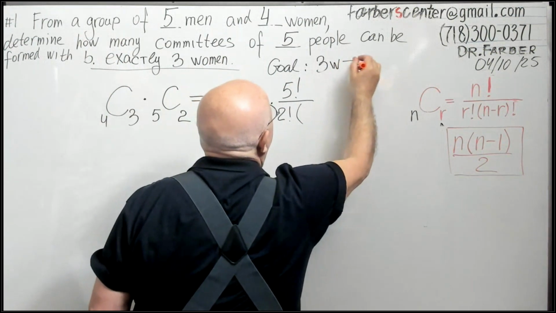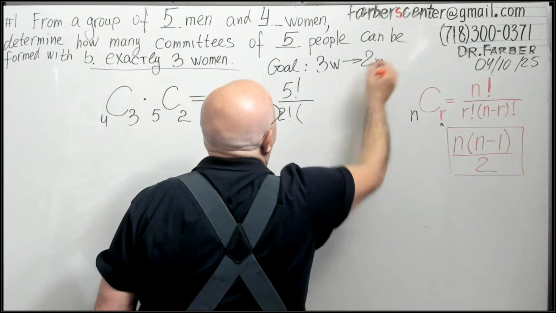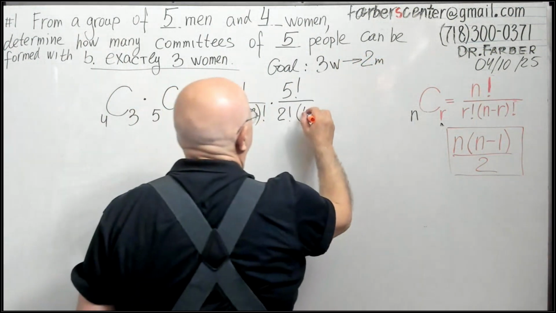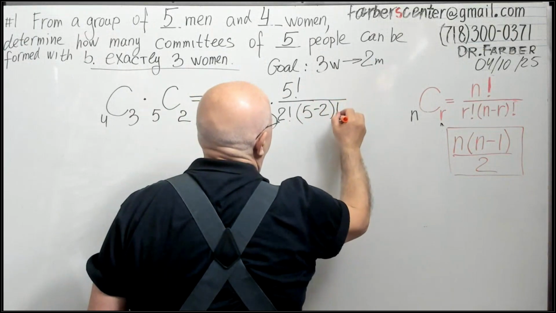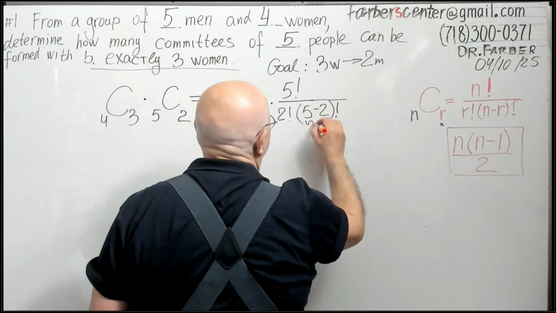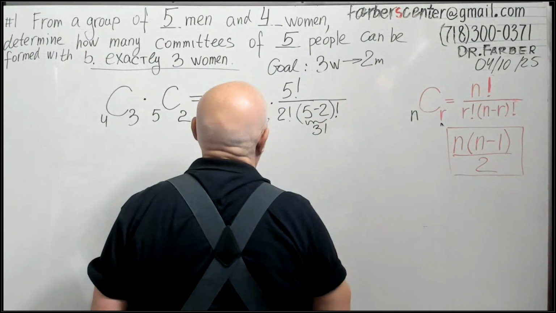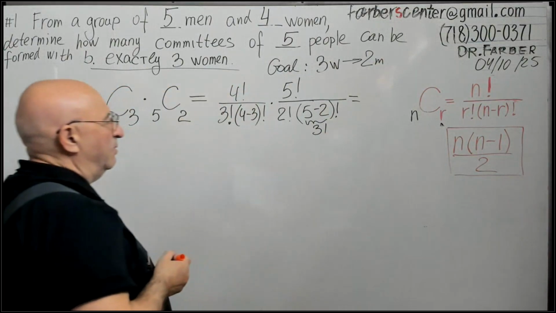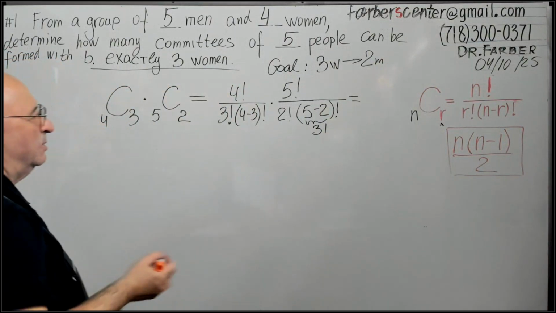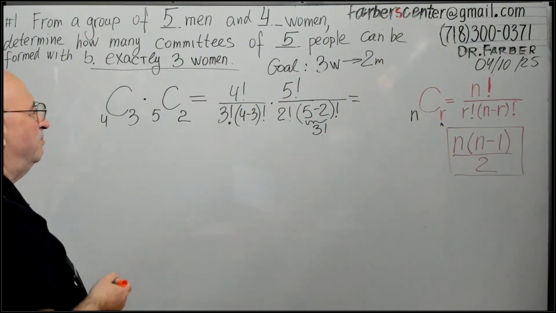I put here 2 men by 5 minus 2 factorial. And this is the same as 3 factorial. So far, so good. If you have any questions, without hesitation, ask me.